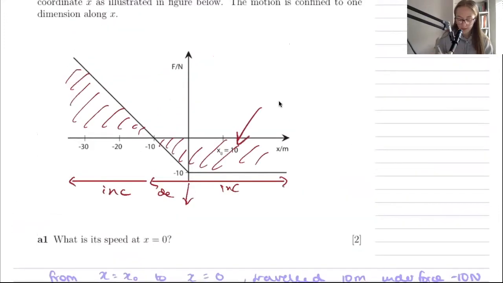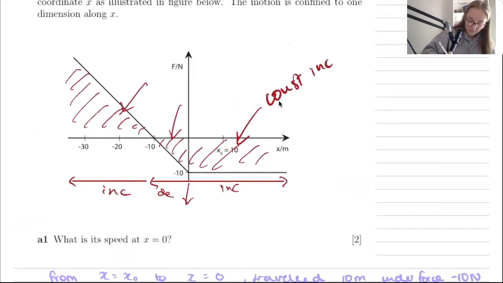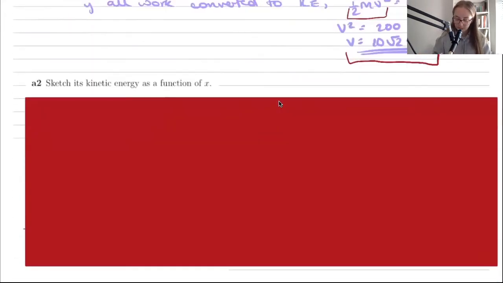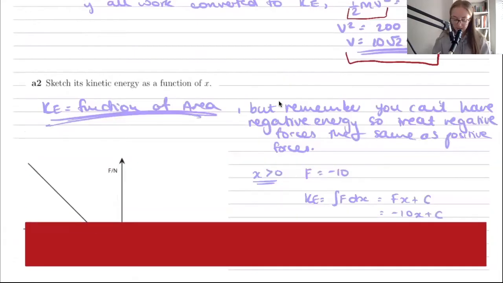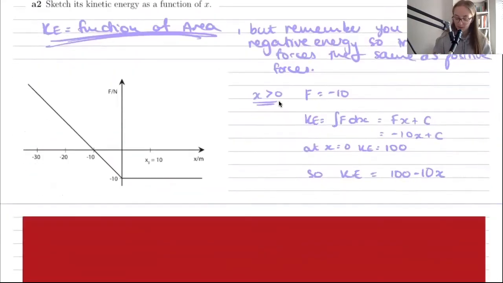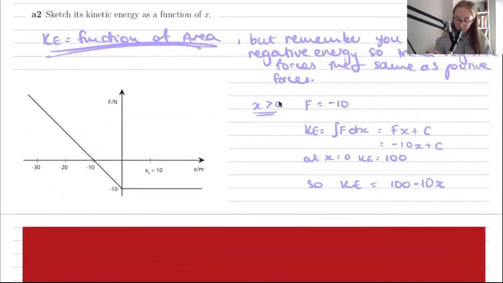And this is a constant increase. And this is a non-constant decrease and increase. So if we come down here, we can come up with equations to describe this area if we'd like.